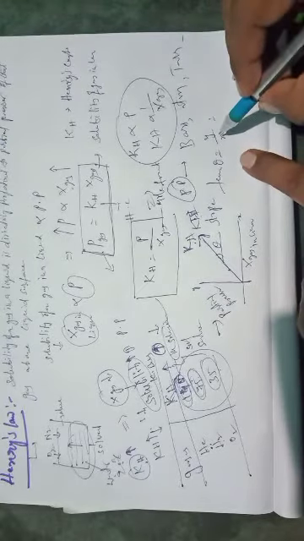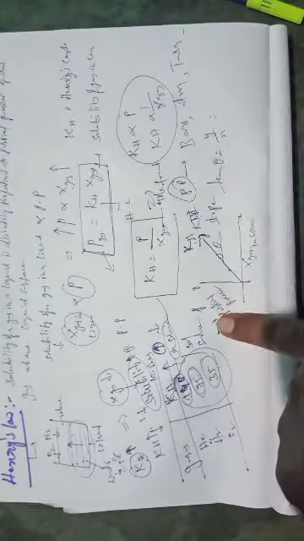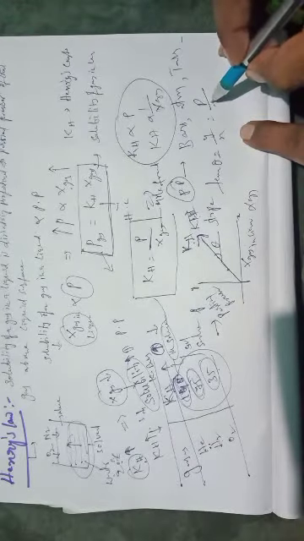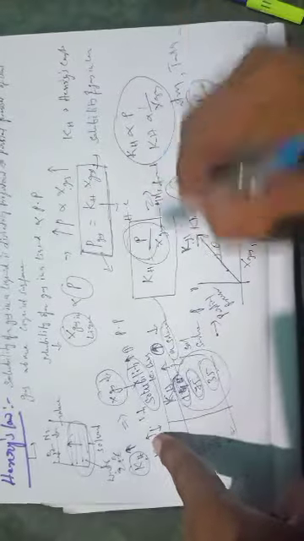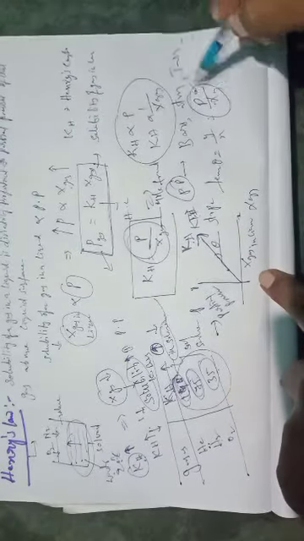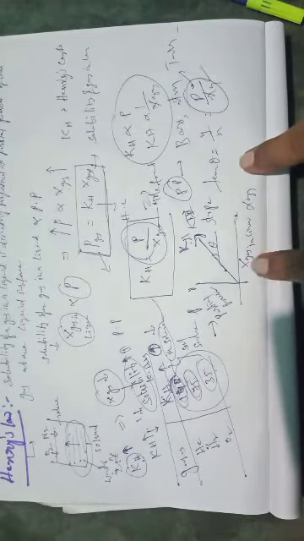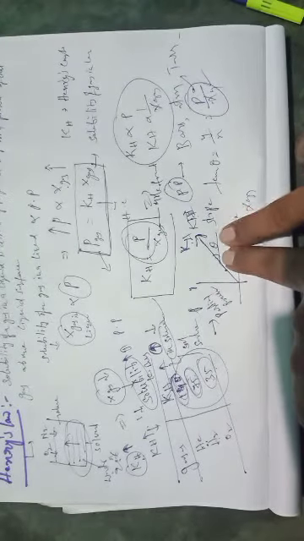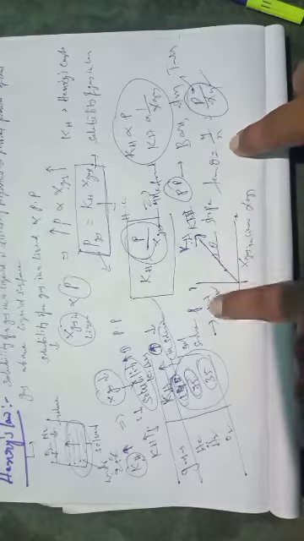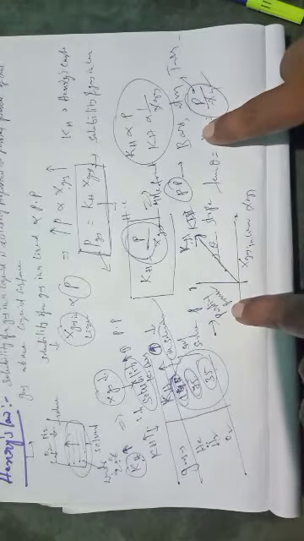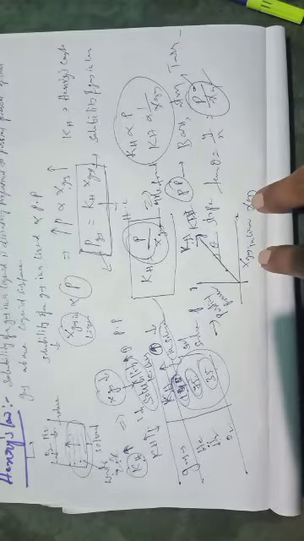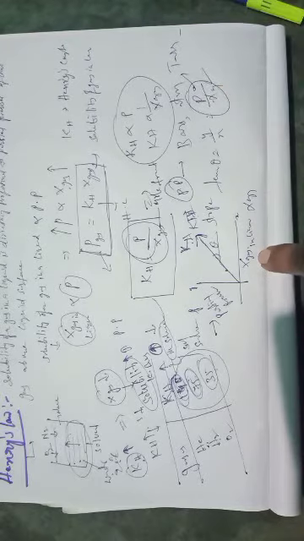Here y is partial pressure P and x is the gas X, so P by X is equal to Henry's constant. P by X equals kH.